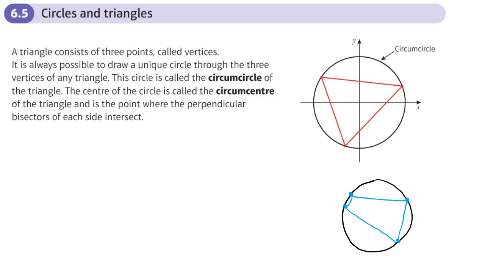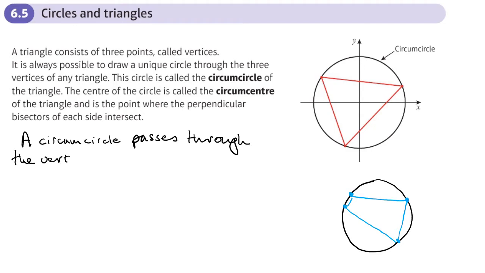Okay, so a circumcircle passes through the vertices of a triangle. All three vertices, I should put all three vertices of a triangle.